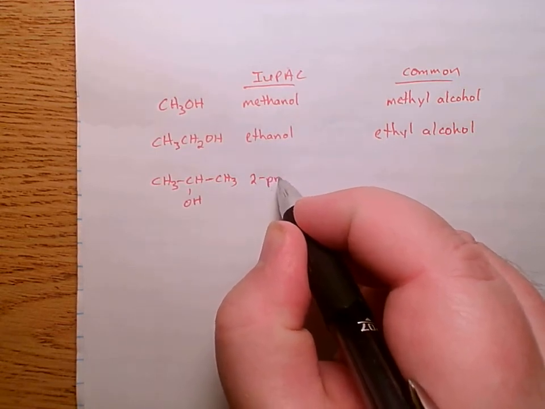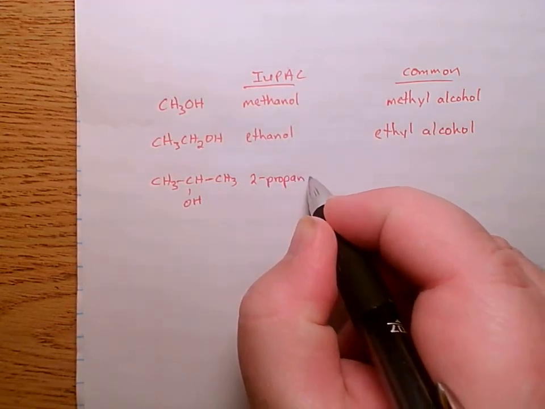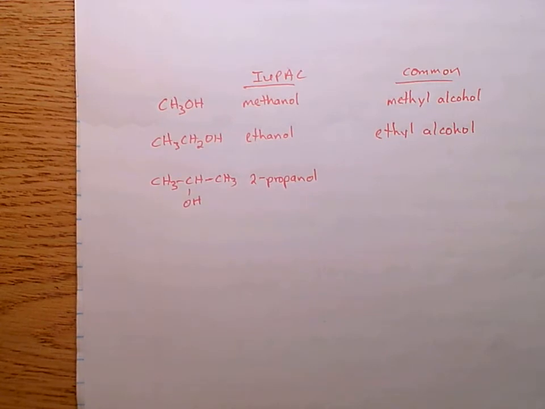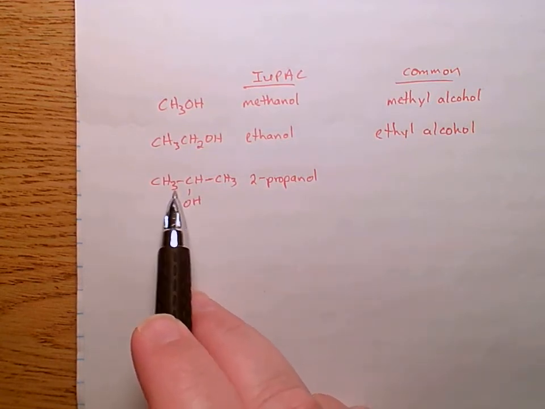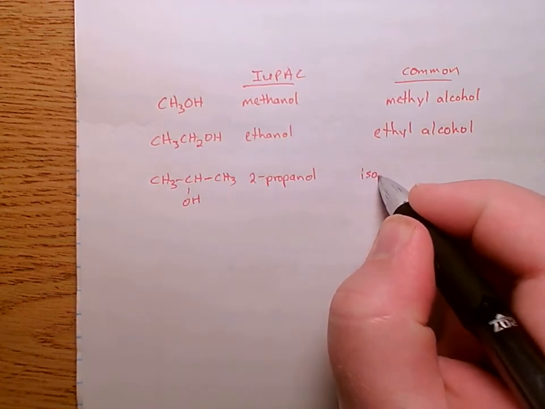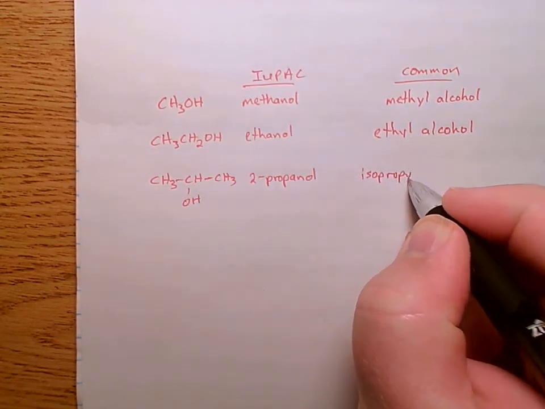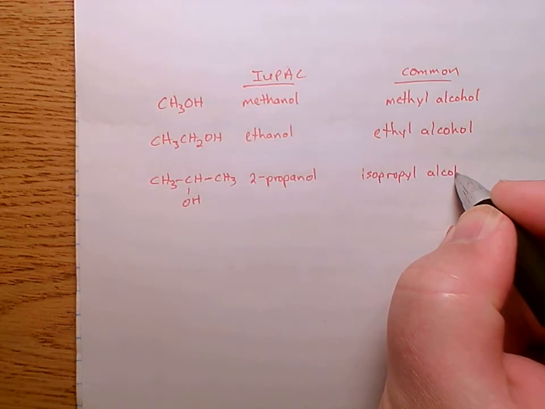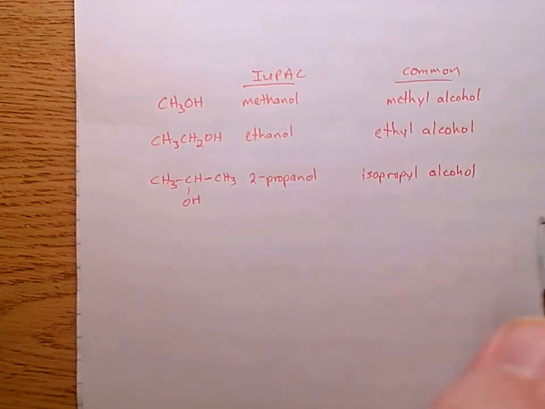This is 2-propanol. What's the common name for this? Well, it's an alcohol, and this is the isopropyl group, so this is isopropyl alcohol. And so these are the two accepted names for this molecule. 2-propanol, IUPAC, isopropyl alcohol, the common name.